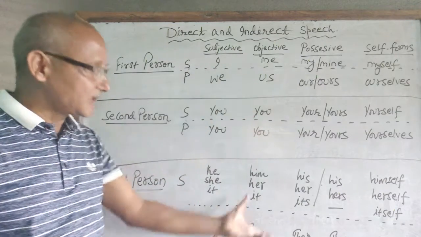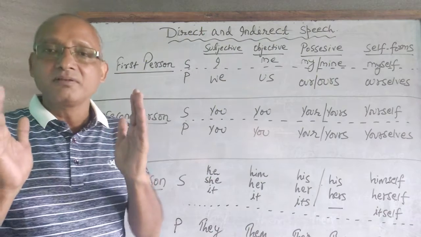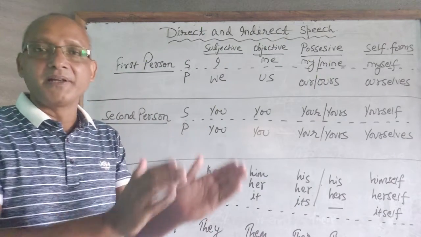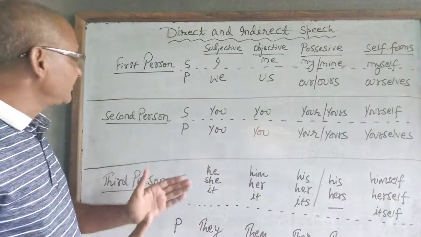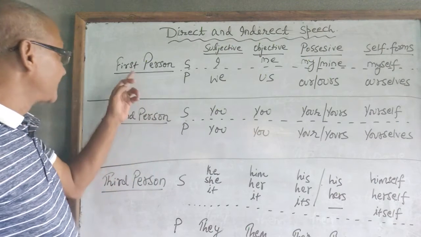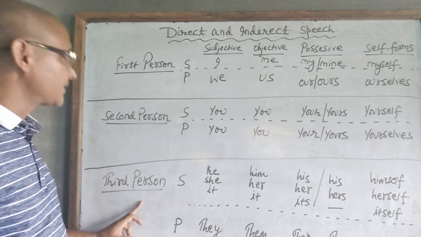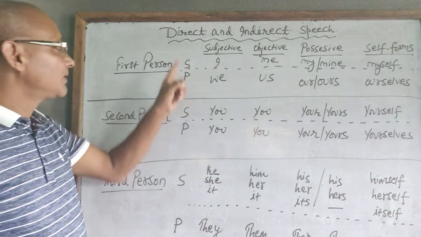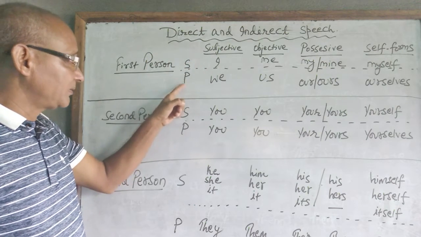Without the knowledge of this, it's not very easy to change from direct to indirect. We have three persons: first person, second person, third person, and each has a singular form and plural form.